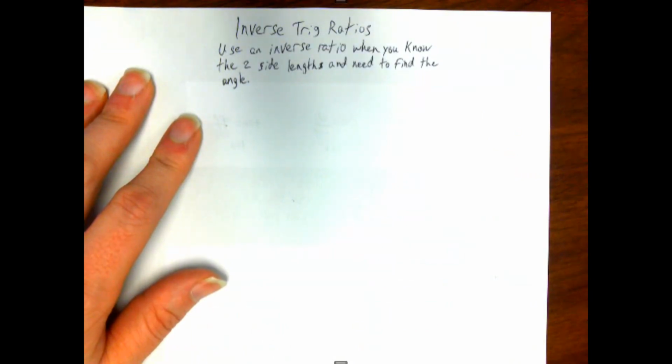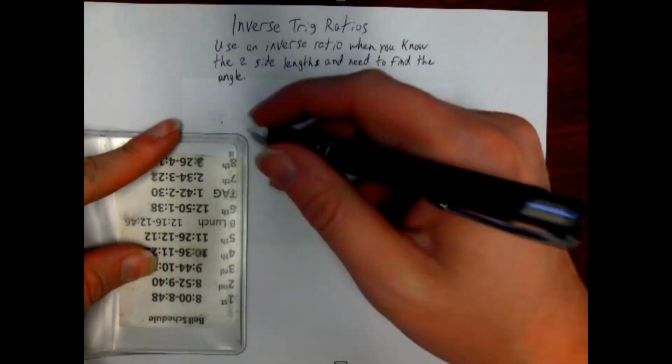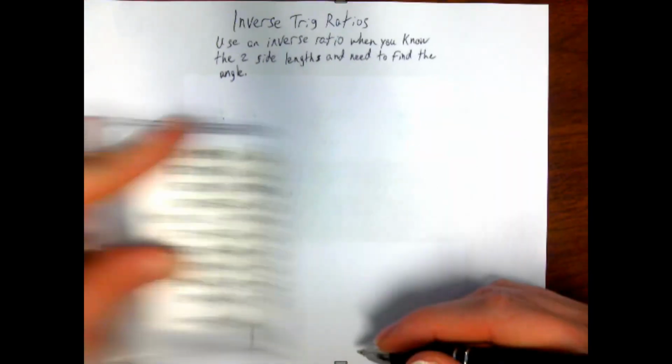So when we know both sides and we need to find the angle, we're going to use an inverse trig ratio. I'm going to draw some lines here to separate where I'm going to be working.